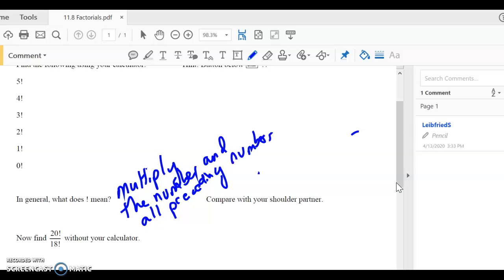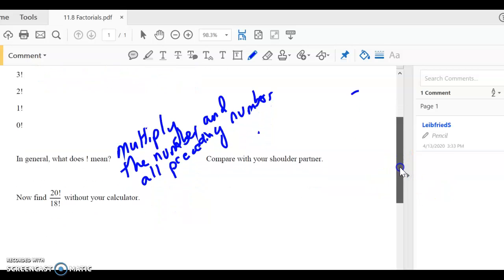So when I say preceding numbers, I mean counting numbers. So 5 factorial is 5 times 4 times 3 times 2 times 1. And that's how we got 120.